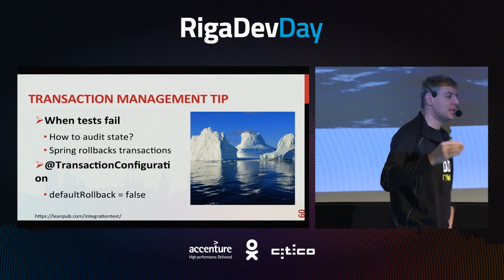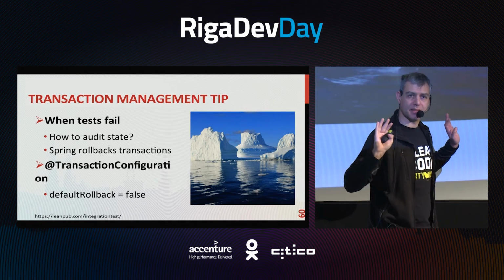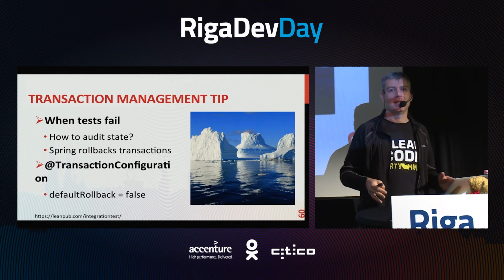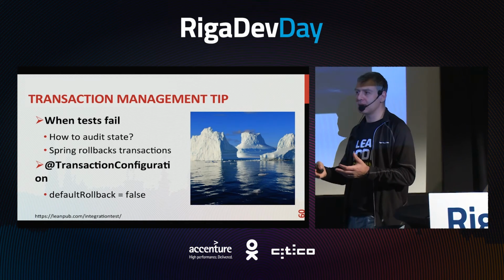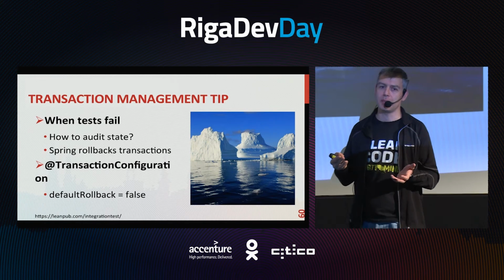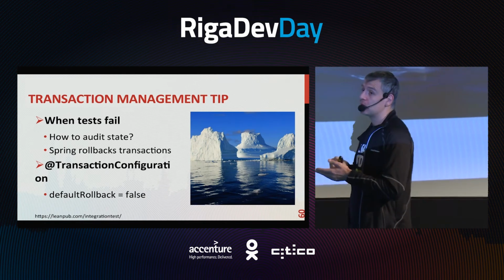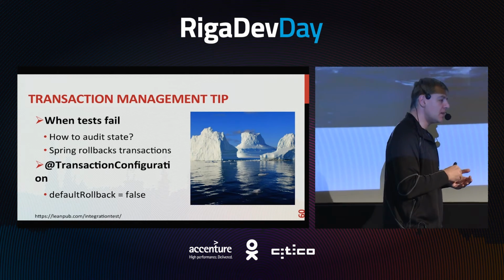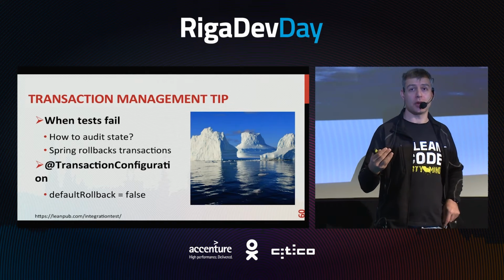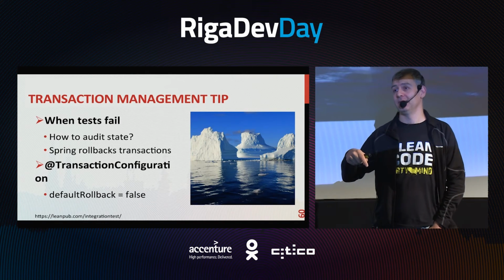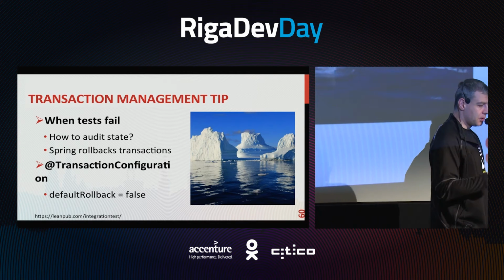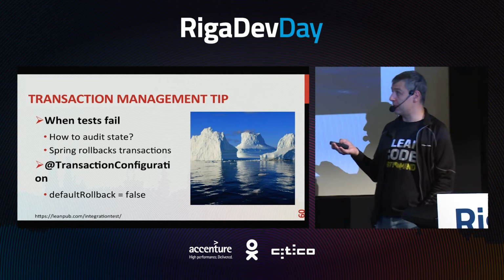It means, okay, we didn't touch the data, it's great. But actually, we don't want to test on the production database. We want to test on our own schema, on our own database. So I want the data to be persisted, if only because if something goes wrong, I really need to check the state of the database. That's very simple, but very important. And by default, it rolls back the transaction.